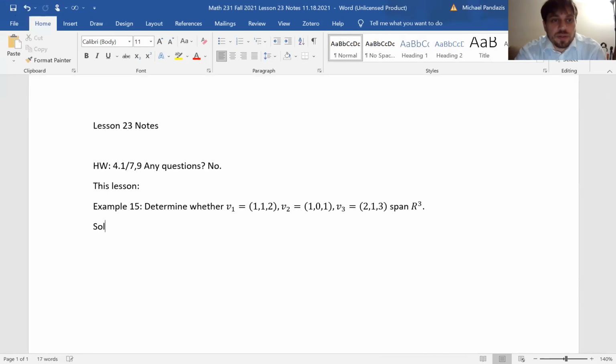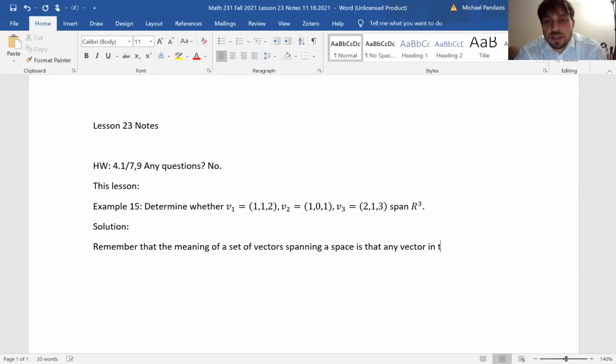Okay. So solution. Remember that the meaning of a set of vectors spanning a space is that any vector in the space can be represented as a linear combination of the vectors in the set of vectors. Let me say it another way.